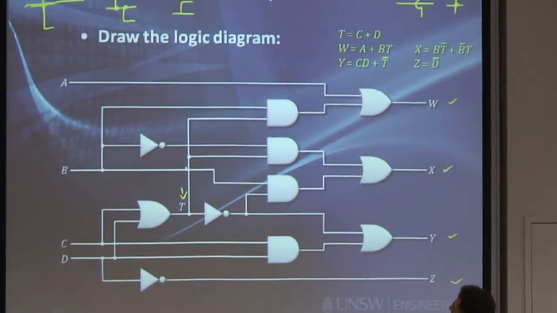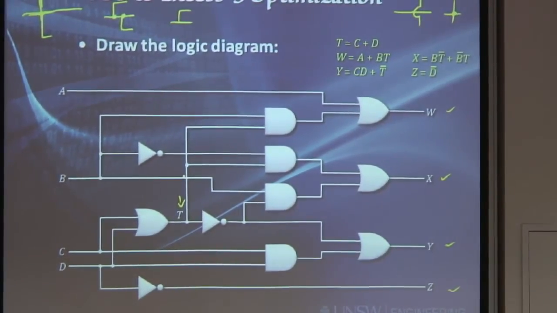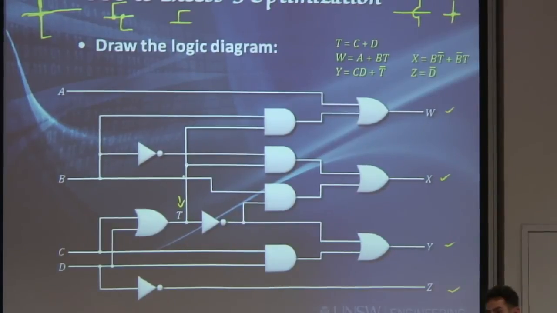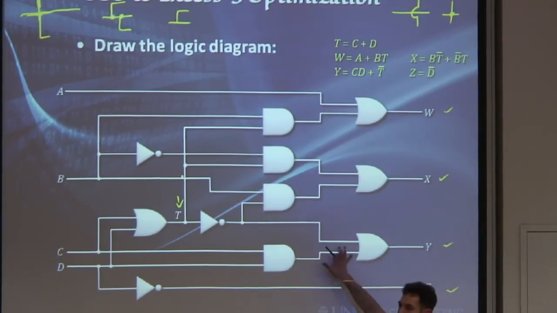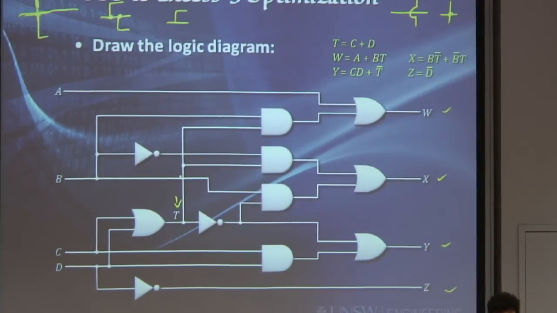If I now want to have technology mapping into NAND gates, I do need to start putting the bubbles around. So let's see what changes I do need to make for this circuit. Luckily, it's a bit neater because it's right here on the screen. I didn't draw it.